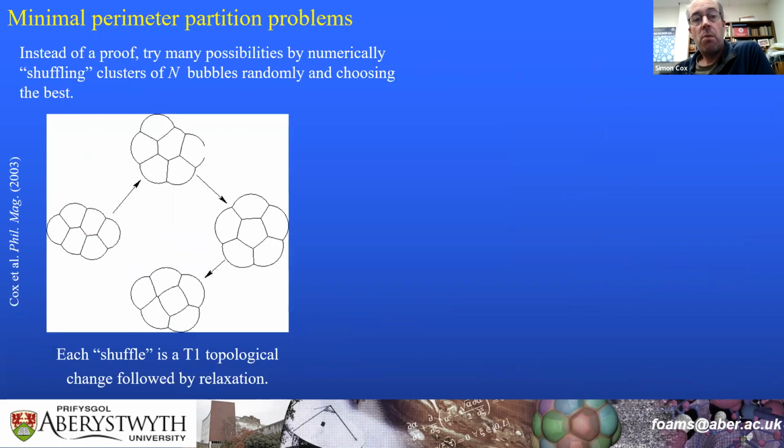And so we're going to do some numerical shuffling first, and that's through what we call topological changes, T1s. Take any internal edge and flip its orientation and reconnect it to its neighbors. And I don't have any sort of ergodic theorem, but one explores a large proportion, I think, of the energy landscape.